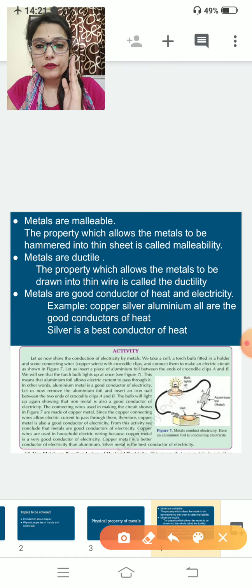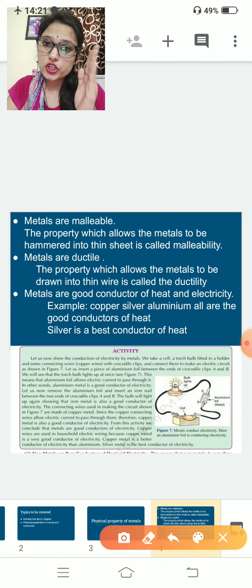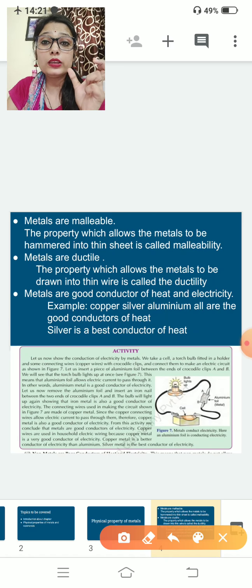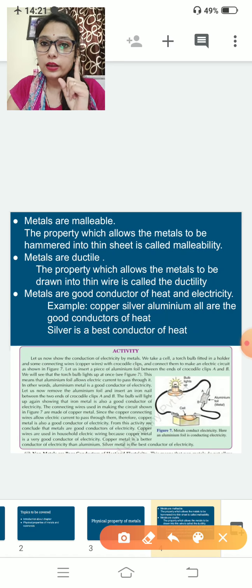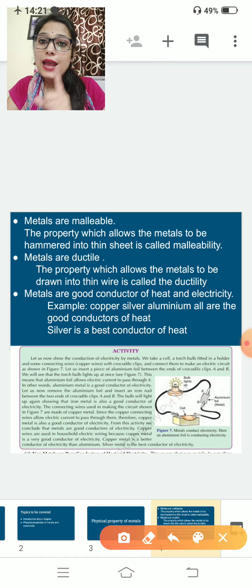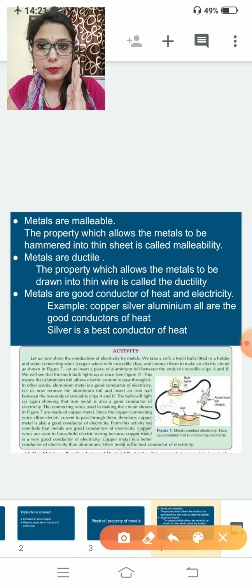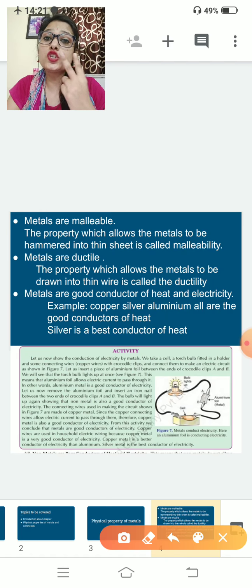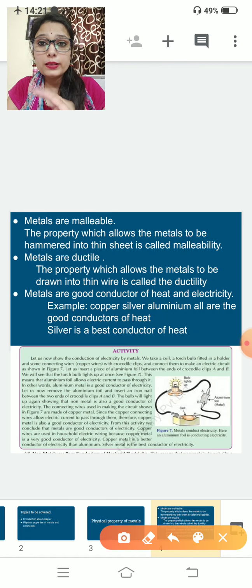And when a metal is converted into a thin wire, that process is known as ductility. Don't get confused between malleability and ductility. Malleability means converting into a thin sheet and ductility means converting into a thin wire.